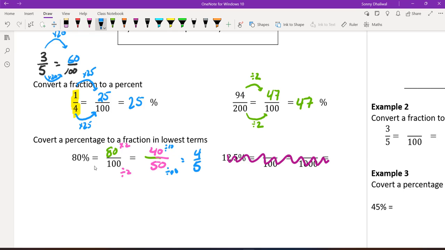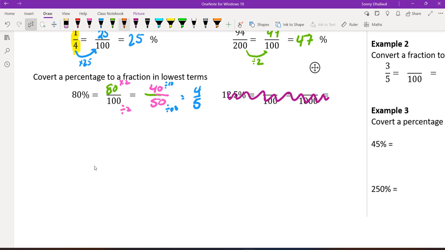Now, the decimals can get a little trickier. If you're given 75% and you want to convert that to a decimal, we're going to do it in multiple steps, but soon you're going to be doing this in one step.